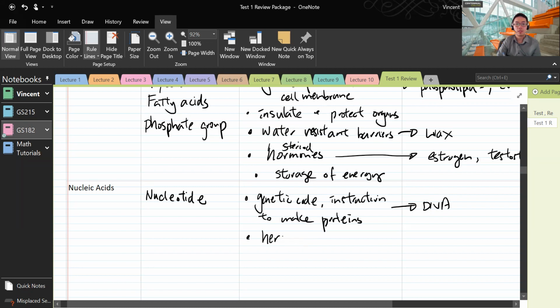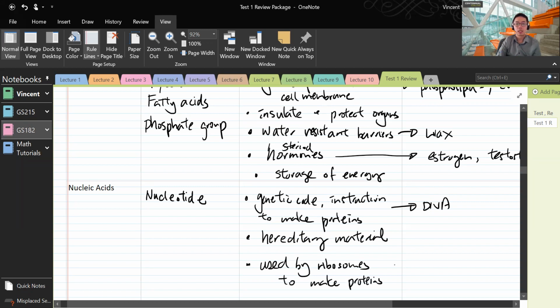Hereditary, how do you spell it? Hereditary material. Okay, so that's also DNA. And then it can be used by ribosomes to make proteins. So that's going to be RNA.